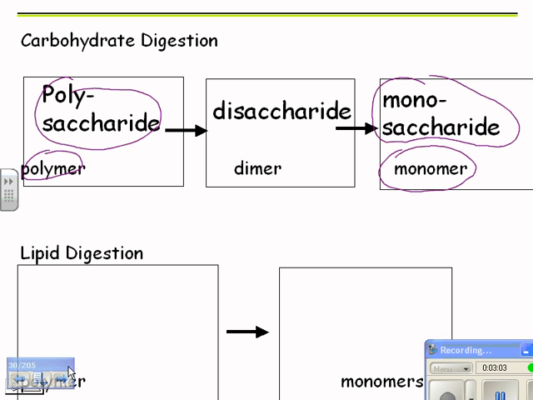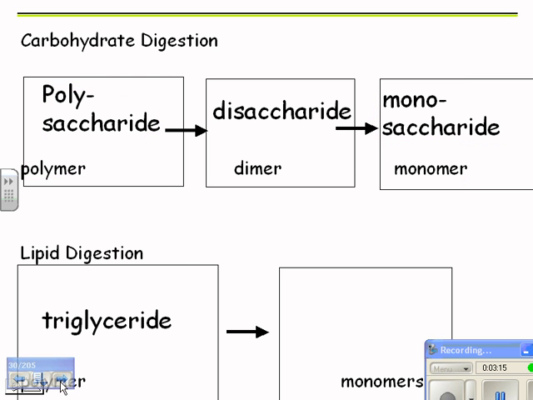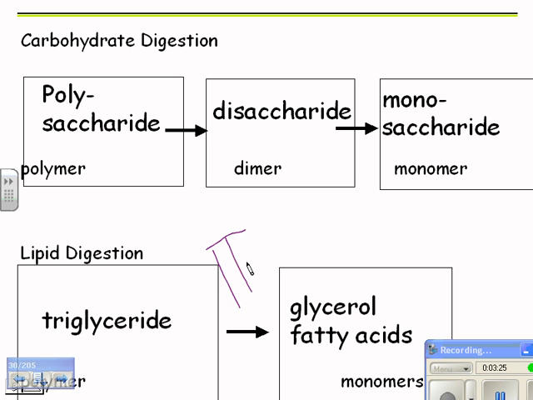For lipids, lipids is sort of a tough category because things like steroids fit here, and they don't have a particular monomer or polymer. So we're going to work with triglycerides here. If you consider triglycerides to be a polymer, they are made out of glycerol and fatty acids. Remember, a triglyceride has glycerol and 3 fatty acids.